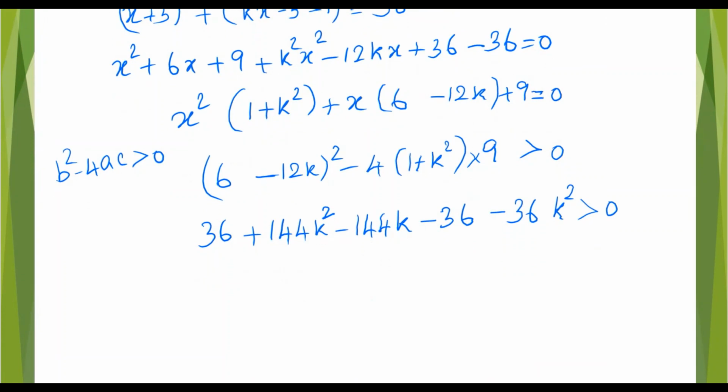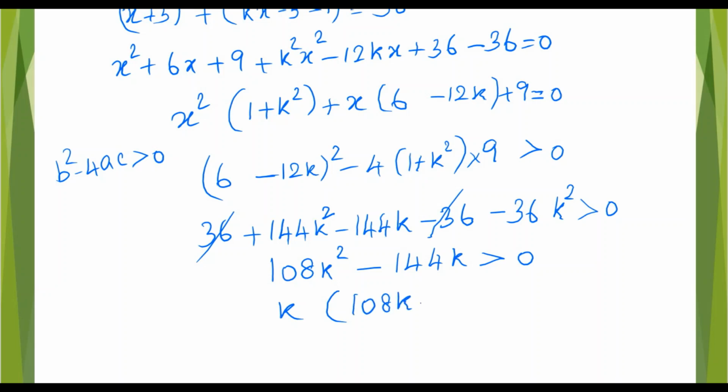So you will get 108k square minus 144k. This 36 gets cancelled. So this is greater than 0. So k multiplied by 108k minus 144 is greater than 0.